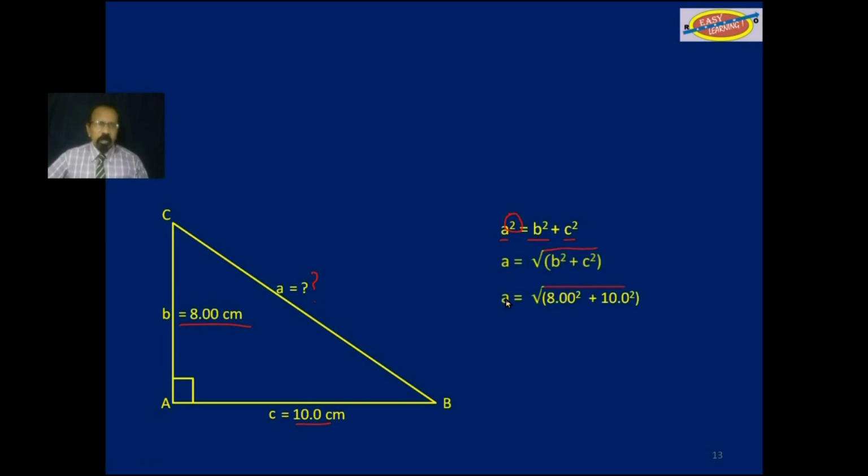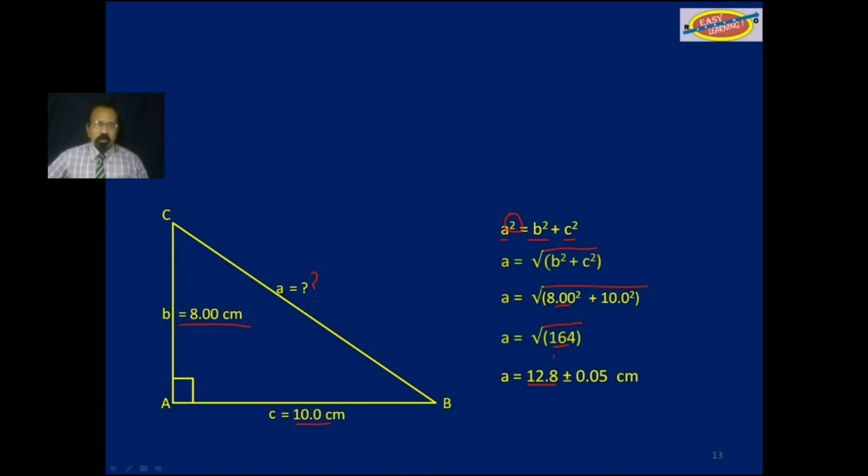And we substitute the numbers we are given, 8.00 squared plus 10.0 squared. We work that piece out. We get a is equal to the square root of 164. And when we put that in our calculator, we get 12.8, and we are using 3 significant figures.